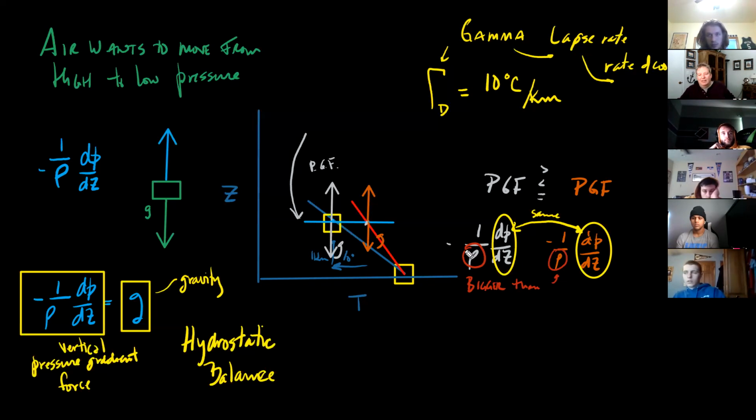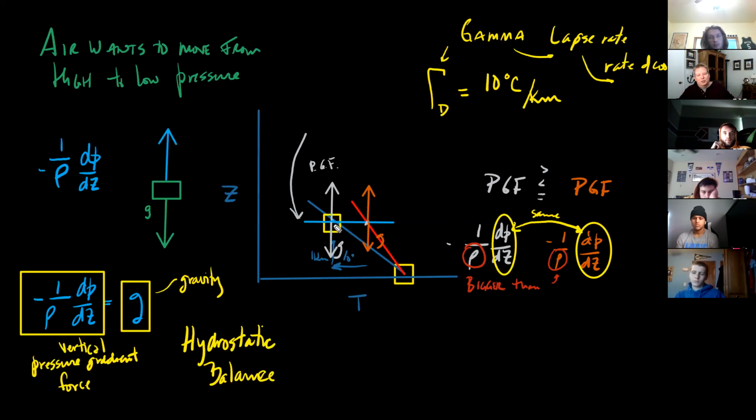But what does that make the left side force? If the denominator is bigger, what does that mean for that whole thing? It's gonna be less than the right side. Smaller. So this force is less. Less than what? Well, less than gravity.